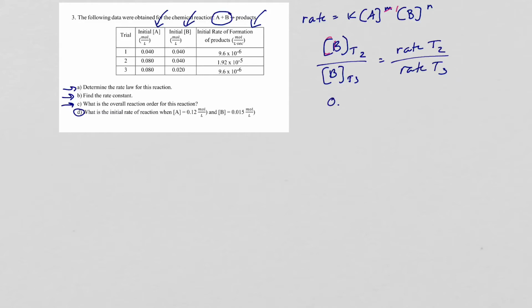So we're going to have 0.040 over 0.020 and 1.92 times 10 to the negative 5 divided by 9.6 times 10 to the negative 6.